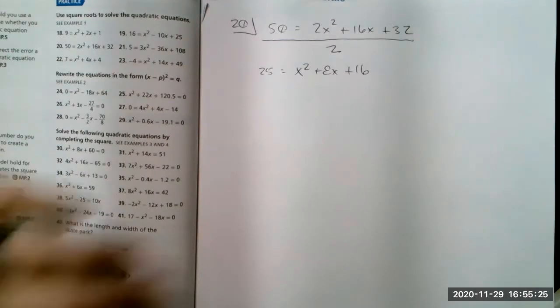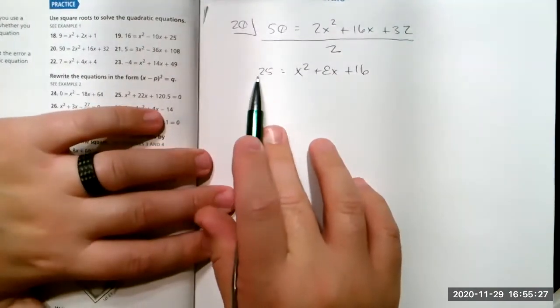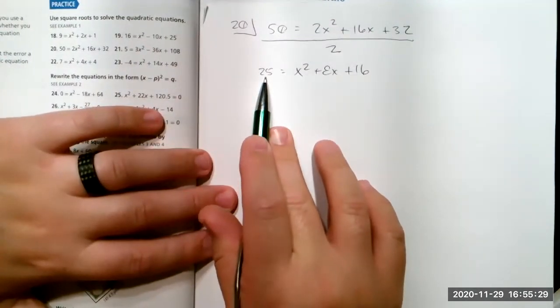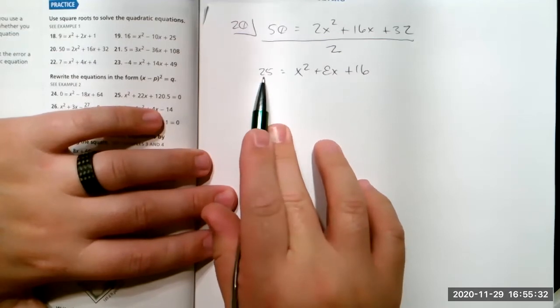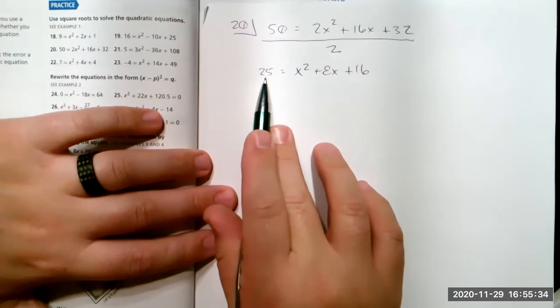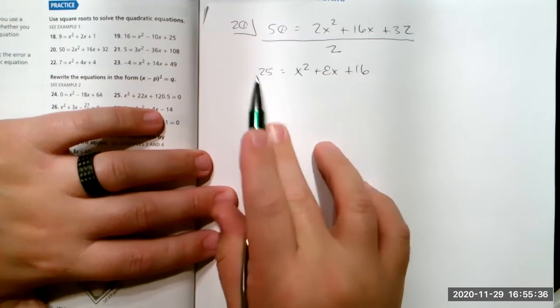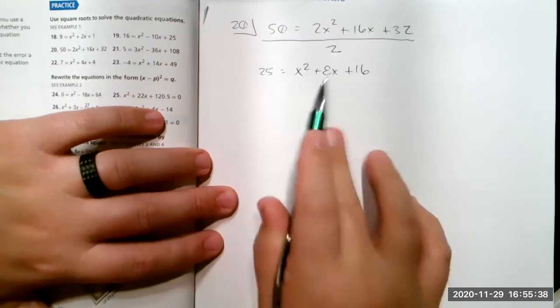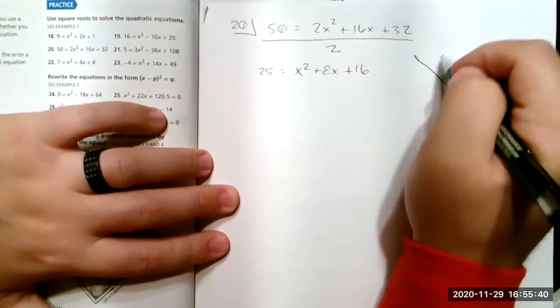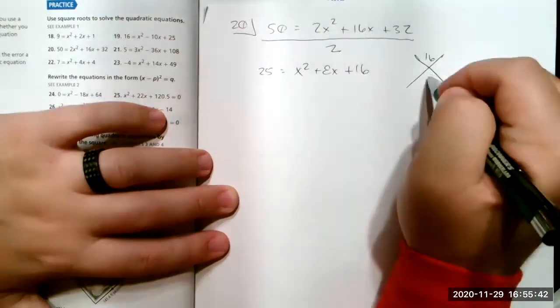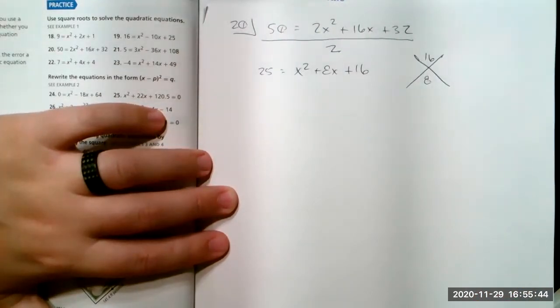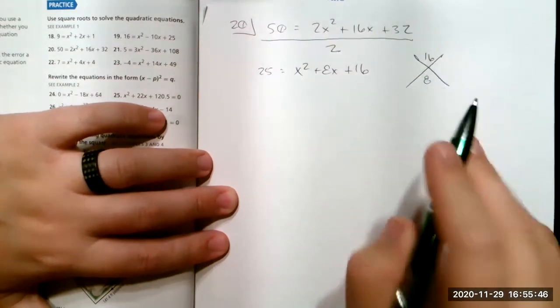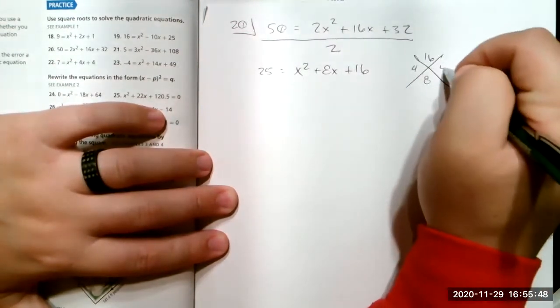So at this step, the left side is already a perfect square, because remember, a perfect square is just when you take a number and multiply it by itself. So 5 times 5 is 25. So that's a perfect square. What about the right? A times C goes at the top, B goes down below. Two numbers that multiply to 16 but add to 8 are going to be 4 and 4.